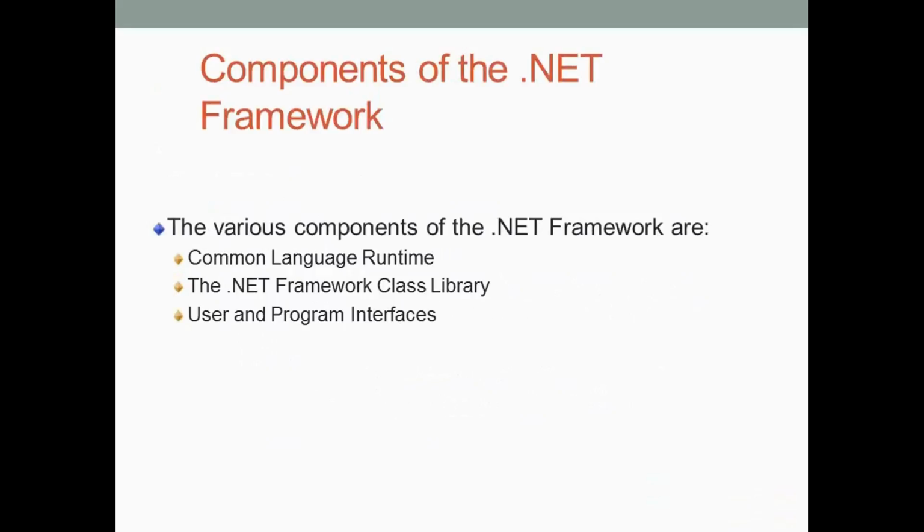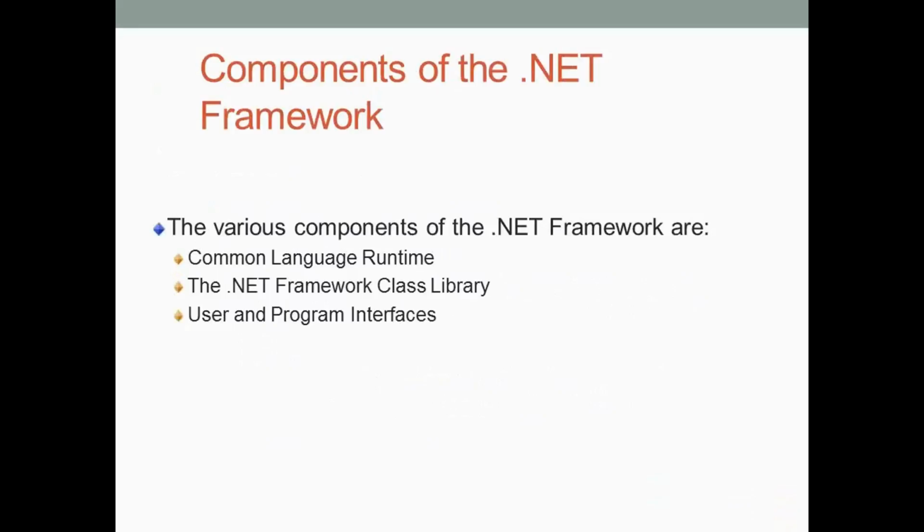There are almost 46 languages available at this time which are supported by .NET Framework. So what are those languages? Some examples of .NET Framework compatible languages are VB, Visual Basic, Visual C++, C#, JavaScript, and many more languages which are supported.